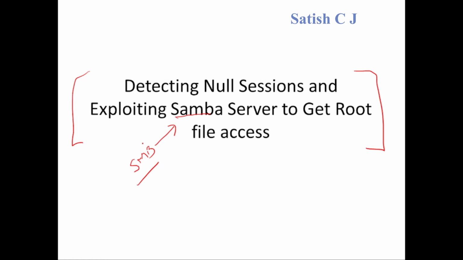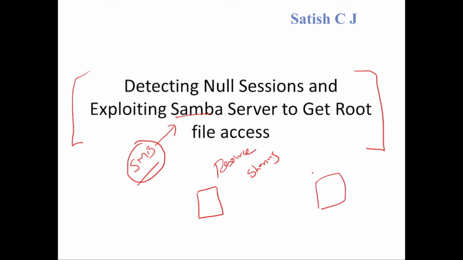So SMB protocol, server message block protocol, what is the use of this? It's used for resource sharing. Say we have systems which can have shared files. So there can be a separate directory wherein you can put your files and you can access these files from any other system.